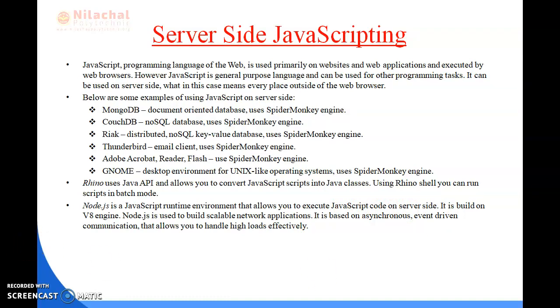It is built on the V8 engine. Node.js is used to build scalable network applications. It is based on asynchronous event-driven communication that allows you to handle high loads effectively. So these are the examples of JavaScript on the server side.